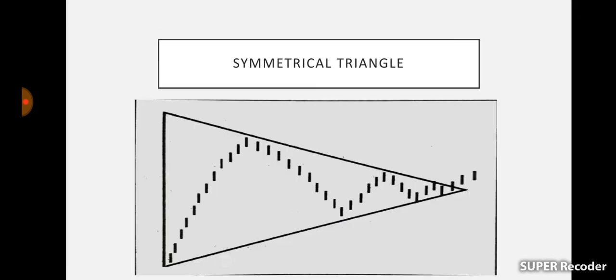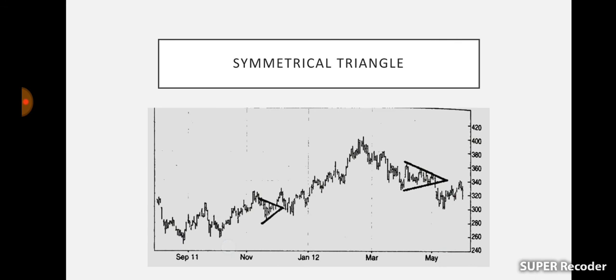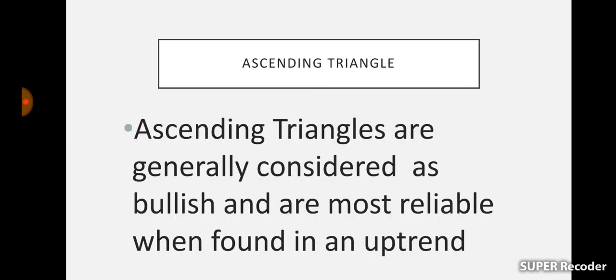Okay. And here you can see symmetrical triangles. And the next one is the ascending triangle. Ascending triangles are generally considered bullish and are most reliable when found in an uptrend.